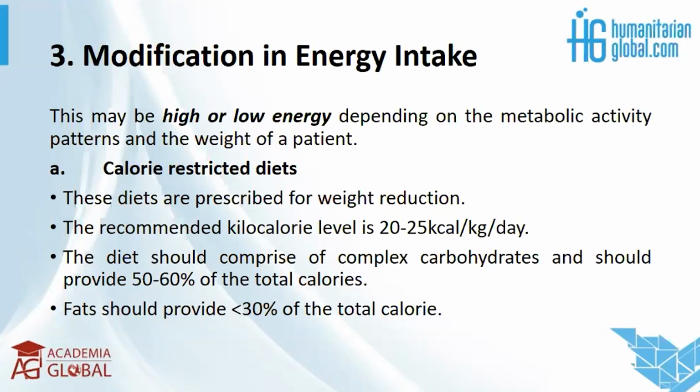That is why we are saying 20 to 25 kilocalories per kilogram of body weight per day. So their weight is 100 kilograms, and we pick 20 calories per kilogram. So we will do 20 times 100, and we'll get a figure of 2,000 kilocalories per day.